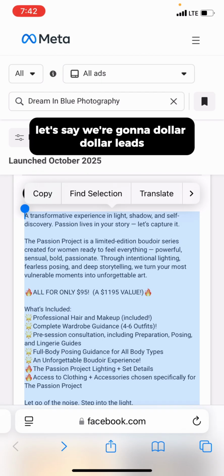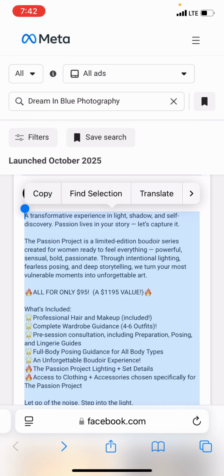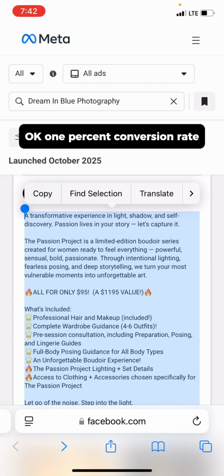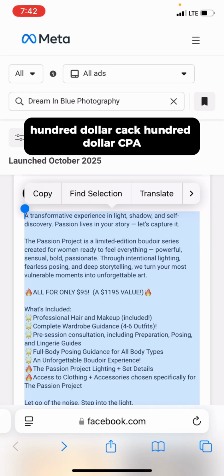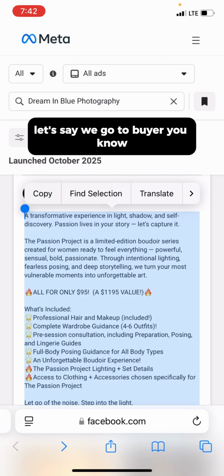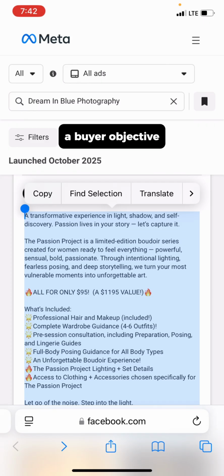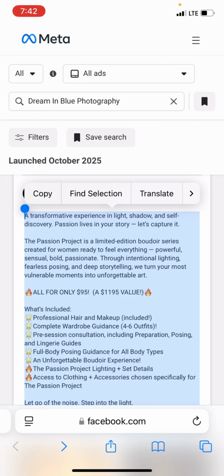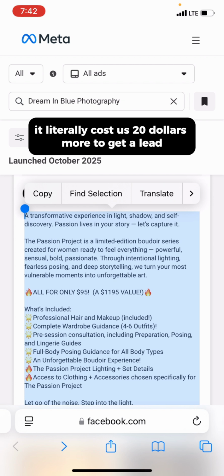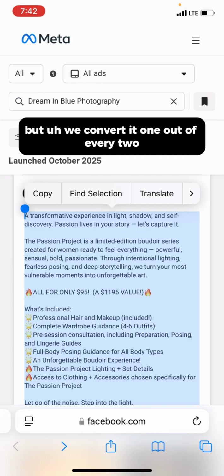And also, let's say we're getting dollar leads: spend $100, get 100 leads, we get 1 sale. Okay, 1% conversion rate, $100 CAC, $100 CPA, cost per acquisition, customer acquisition cost. Let's say we go to a buyer objective. We get $20 leads. It literally costs us $20 more to get a lead, but we convert 1 out of every 2.